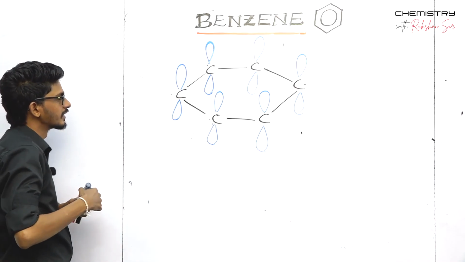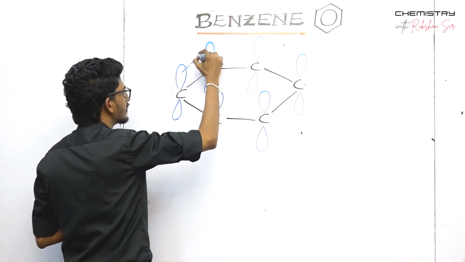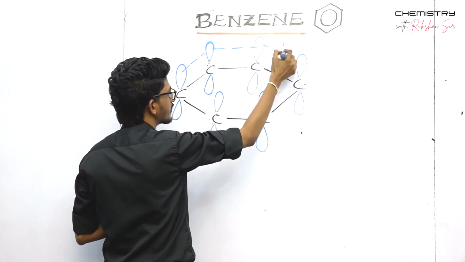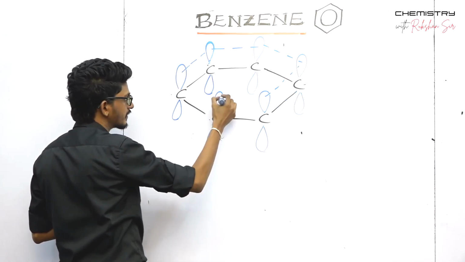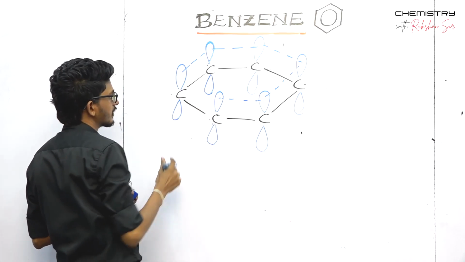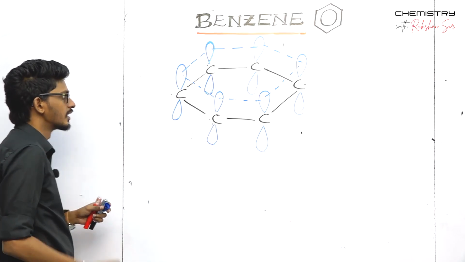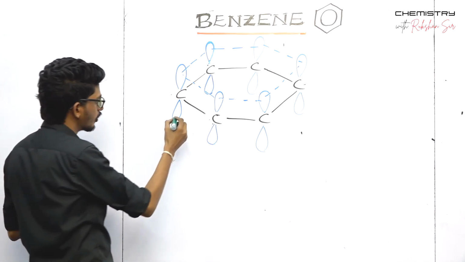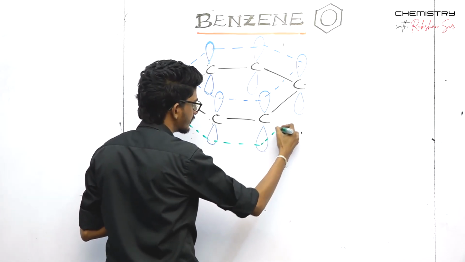So the thing is, at your resonance hybrid, these guys are connected. All the 6 lobes appearing at the top will be connected to each other like this, as well as all the 6 lobes from the bottom also connected.